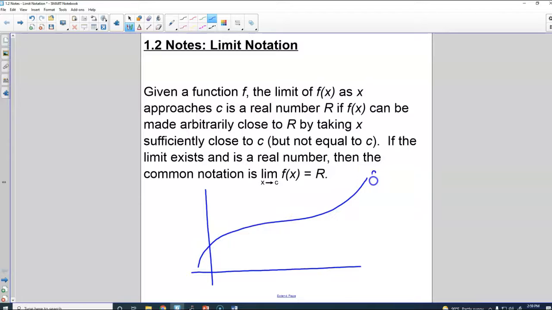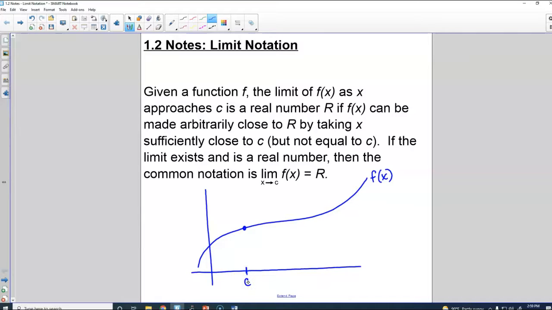Alright, so let's just say we've got a curve. This is our f of x. We've got some point on this graph, and we're going to call its x-coordinate c.